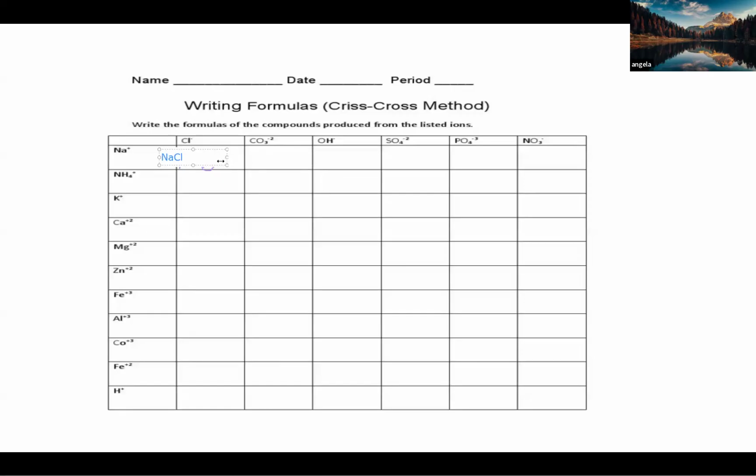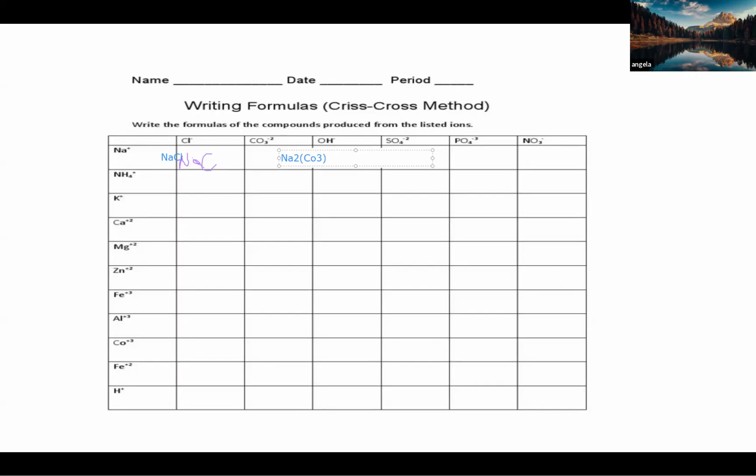And so then for this right here, CO3 2- and Na+, what would that one be? Anybody? Or I can walk it. Na2, since it's a -2, and then parentheses, CO3.